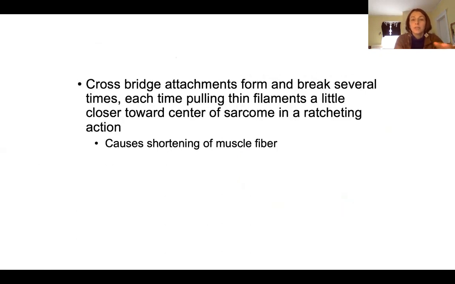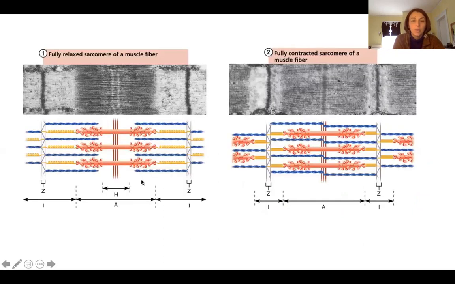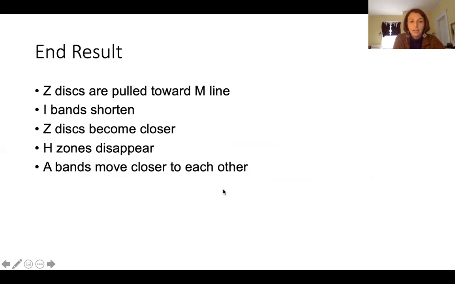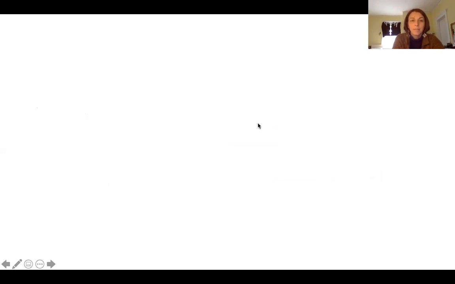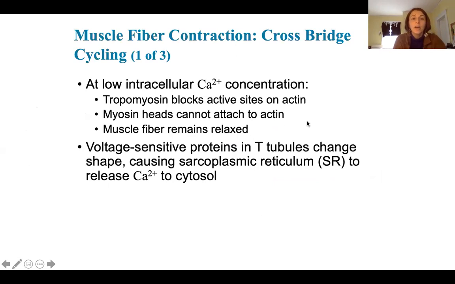The cross-bridge attachments form and break several times, and that's what causes a ratcheting or contraction effect that makes those filaments slide next to each other, leading to shortening of the muscle fiber. So here it is. This is what it looked like before the nervous impulse to contract, and then after everything slid together. That happened by this ratcheting effect of the cross-bridge cycling, which we'll look at soon. Here's the end result. Everything is moving in towards the center line, which is basically what you can take away from that.